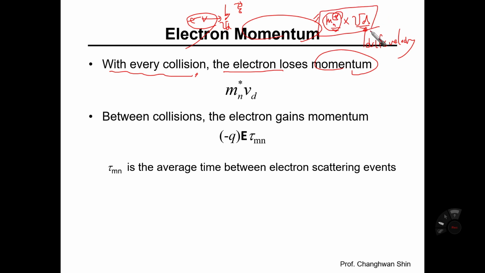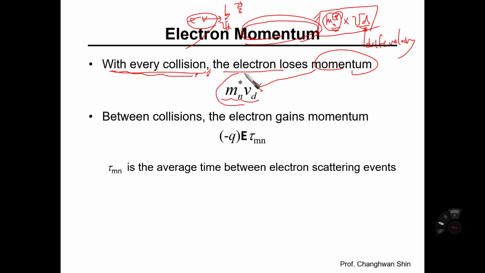So this physical quantity indicates the electron's momentum. So with every collision, the electron is going to lose its momentum. The original amount of momentum is described as mn asterisk times v sub d.